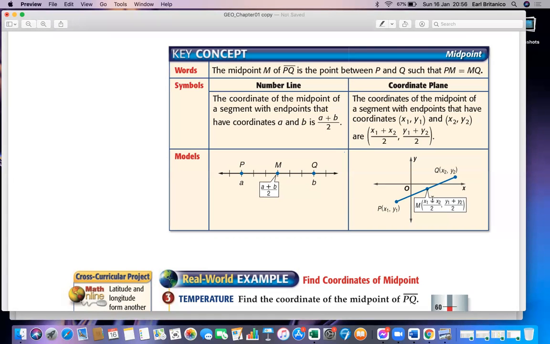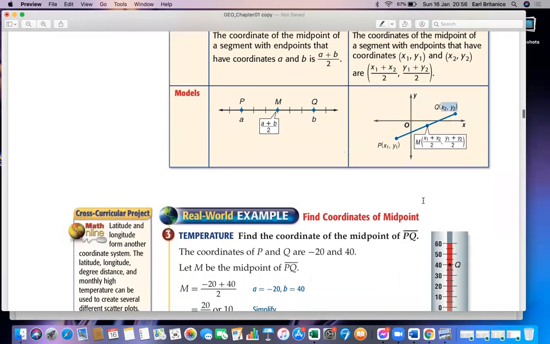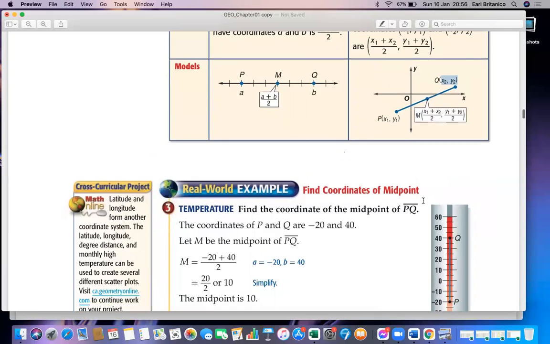Now, another case is when the line is diagonal. That means it contains x and y coordinates, ordered pairs. Then we have x1, y1, x2, y2, just like how we identify them in our distance formula, the same thing for the midpoint formula.